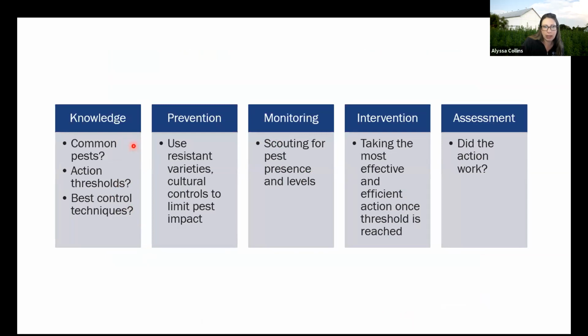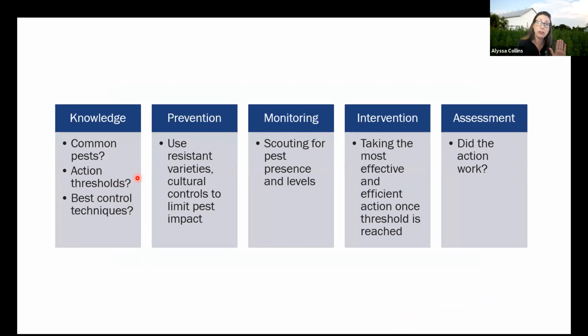So the knowledge we need is, well, what are the common pests? How do we identify them? How do we know what we've got so we know how we can defeat it? Do we have any action thresholds? So an action threshold is when, oh, you've got 50% of this leaf area covered with this disease.